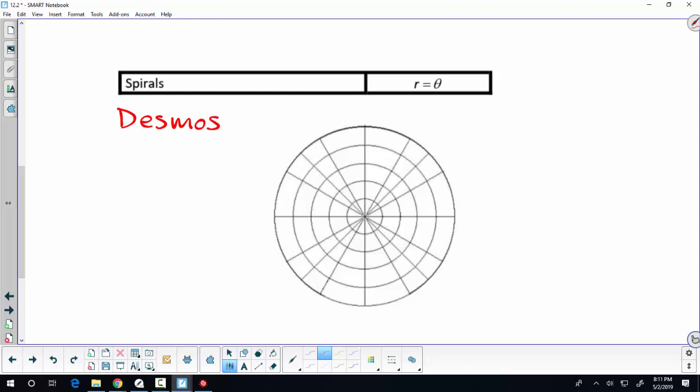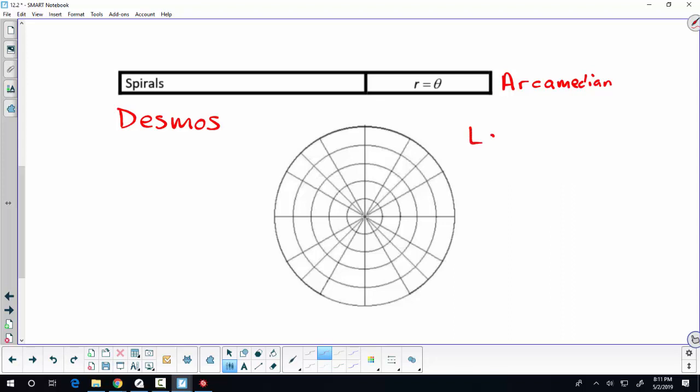I really don't know how to spell Archimedean, but r equals theta gives you an Archimedean spiral.